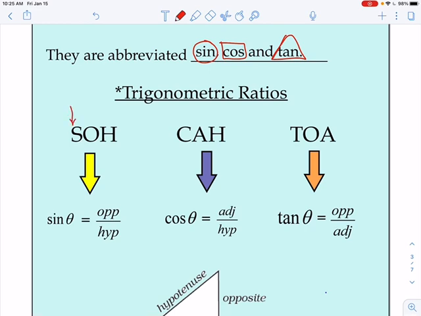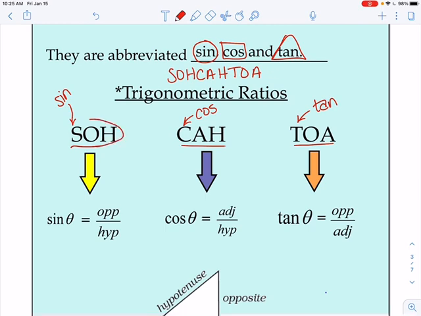This S represents the sine, this C represents cosine, and this represents tangent. If you put these three things together, it spells this word that we like to say as mathematicians, SOHCAHTOA. That tells you how you're going to find your three trigonometric ratios.